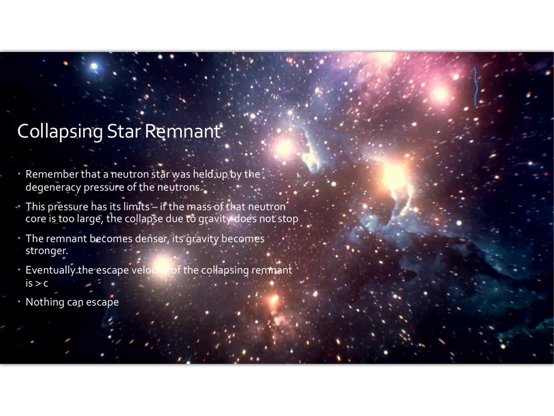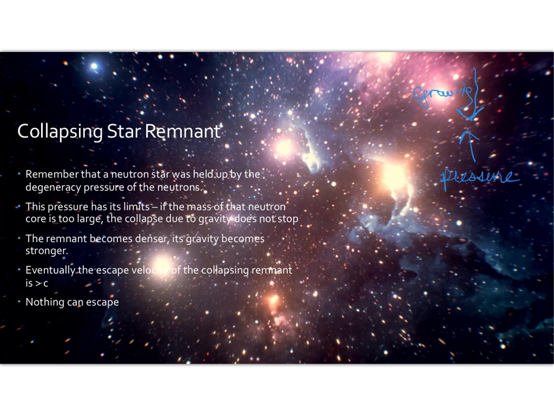So remember the battle between gravity and pressure. Those are the two forces that are really important in our stars that battle against each other. And so basically, when you have a remnant that's too large to allow the pressure to offset the gravitational force trying to collapse it, it just starts to collapse.